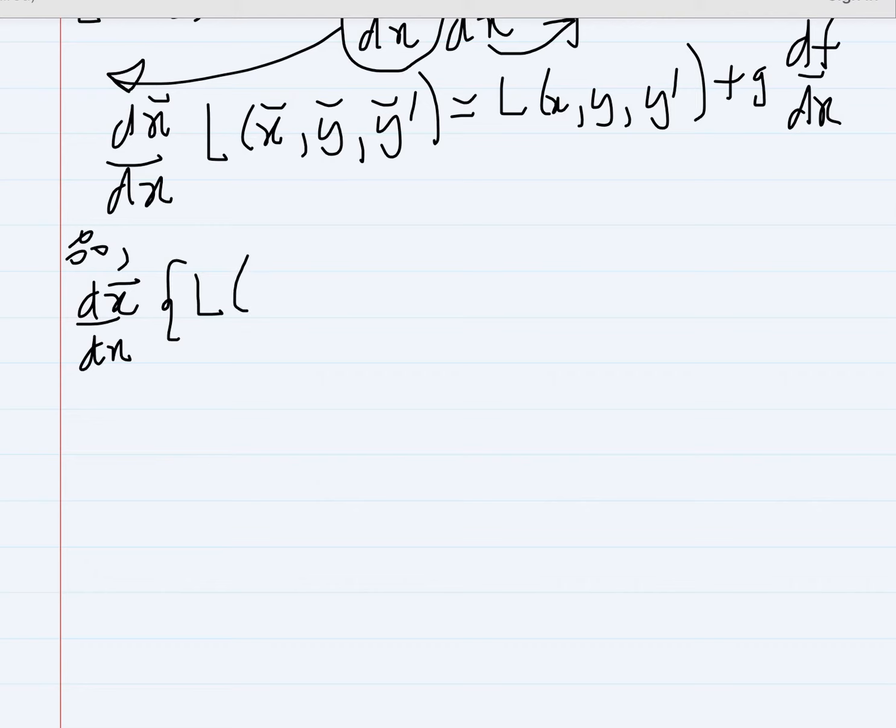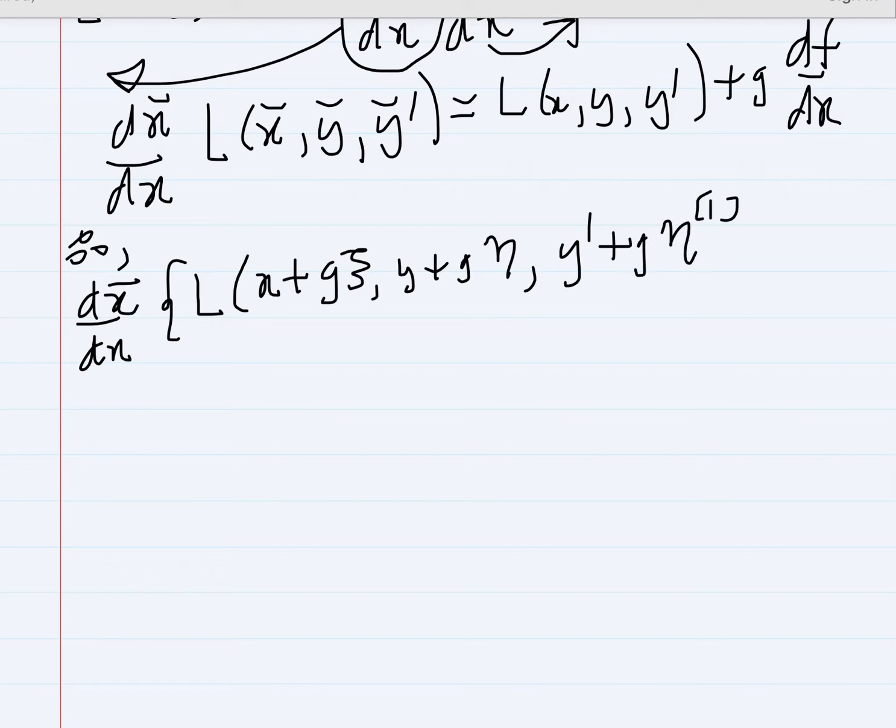So first of all, x bar is up to first order x plus g times xi. Y bar is y plus g times eta, and y bar dashed is y dashed plus the parameter eta 1. You scroll above, you'll see this. And the right hand side remains what it is from there.